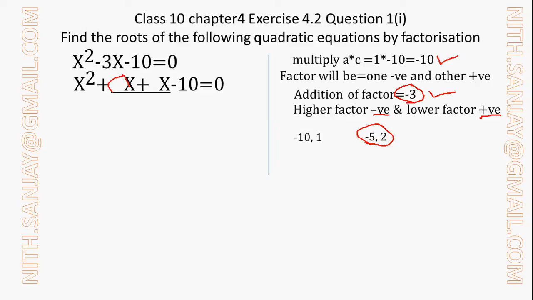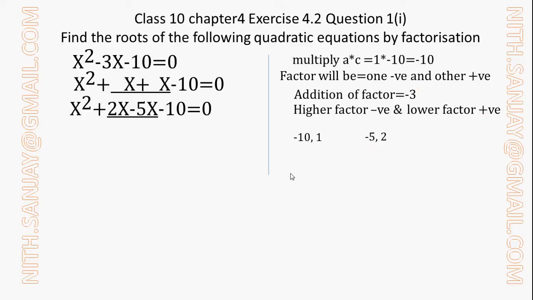So I will fill this minus 5 and plus 2 here. One number I will fill here, another number I will fill here. So that will give me the factorization, right? What I have done is, this is x square plus something. One factor is 2, so I have placed this 2 here.